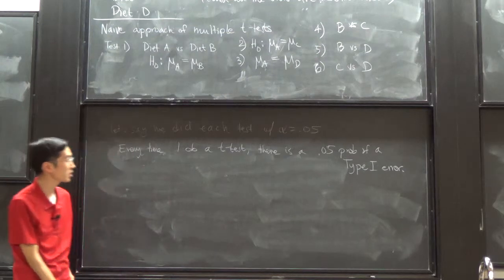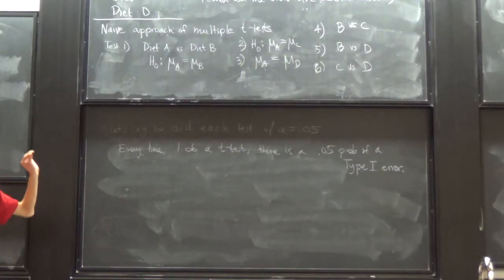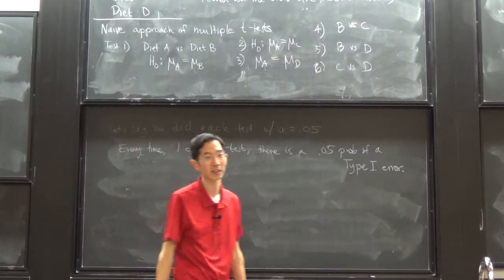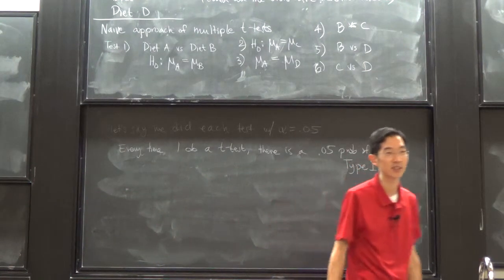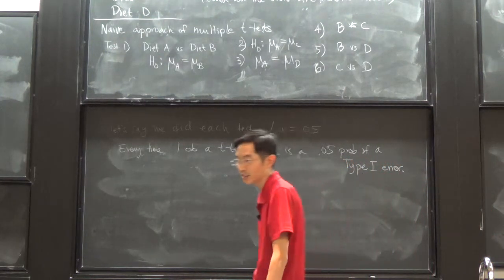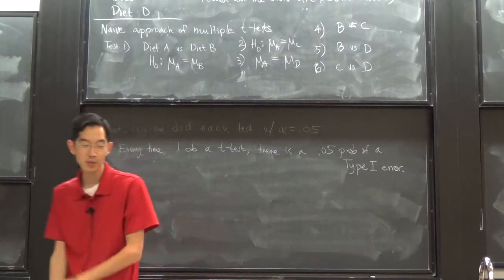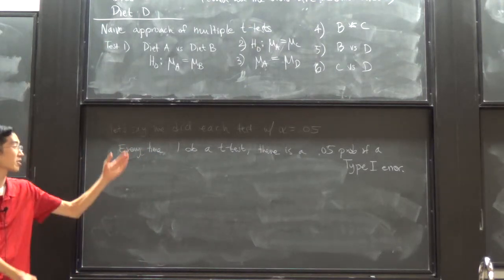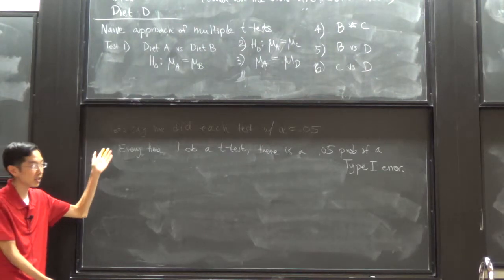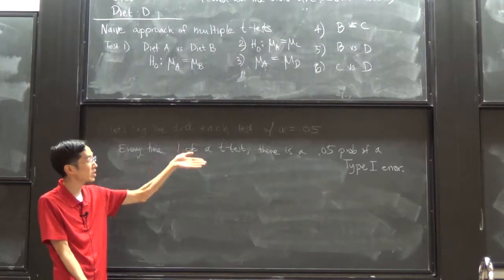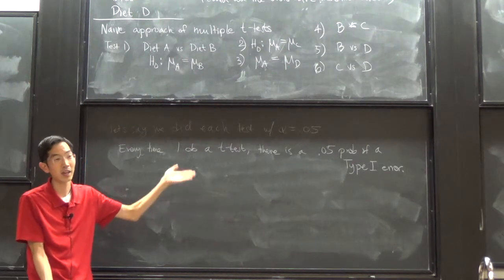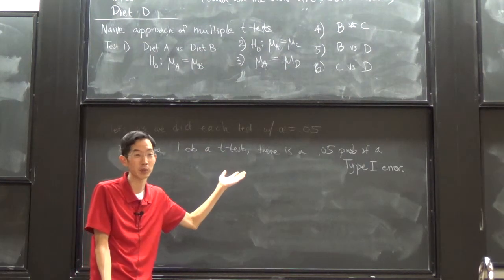And so the question is, what's the probability I get through all 6 tests without having made an error? The probability of committing a type 1 error at least once during our series of 6 tests is much higher than when we perform only one test.